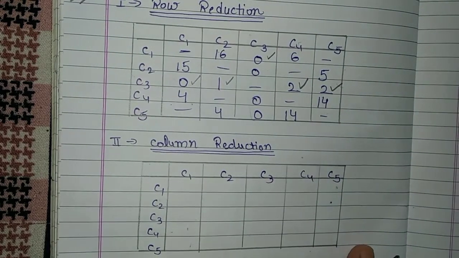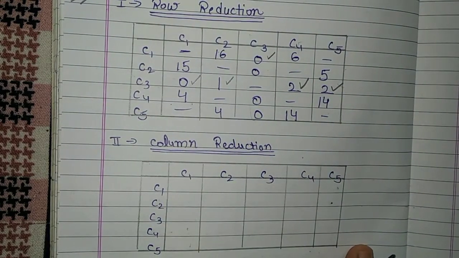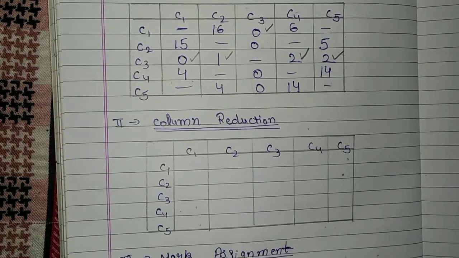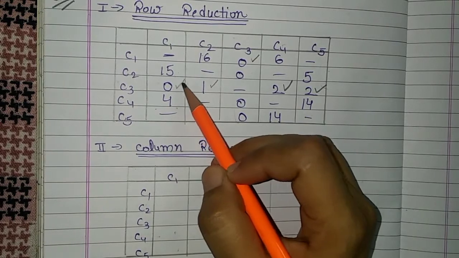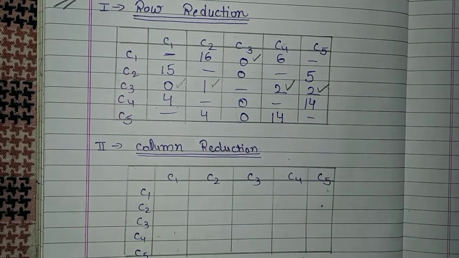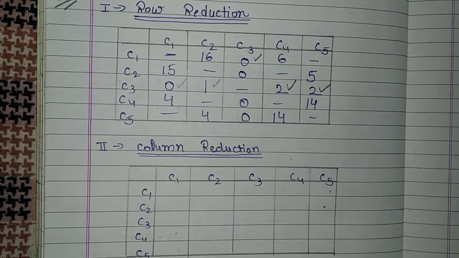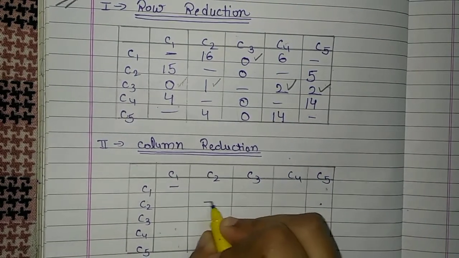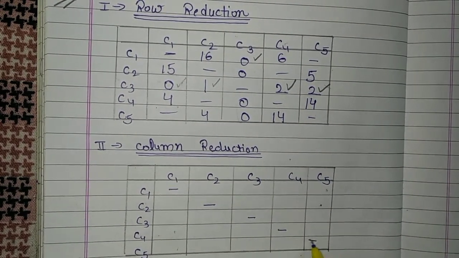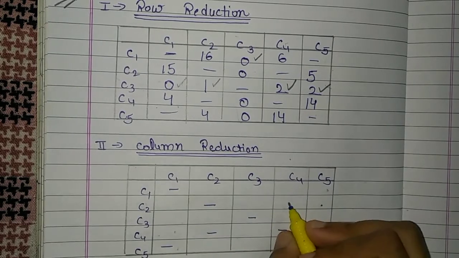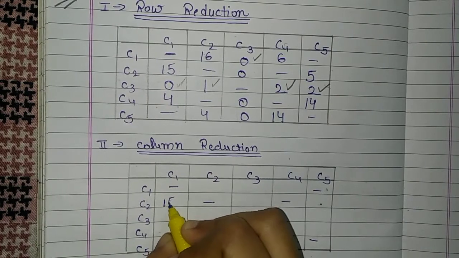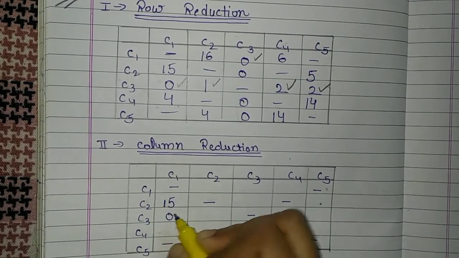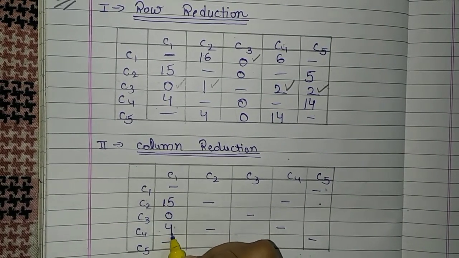Now we can subtract these minimum numbers from their respective columns, like 15 minus 0, because 0 is the minimum number in this column. Now we can write here the column reduction. 15 minus 0, 15, 0 minus 0, 0, 4 minus 0, 4.